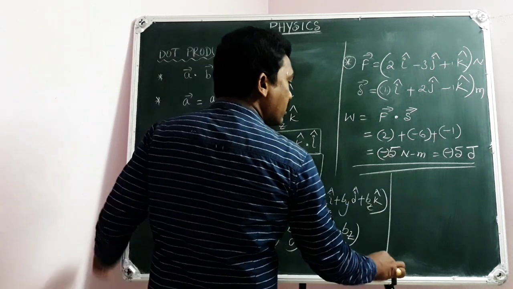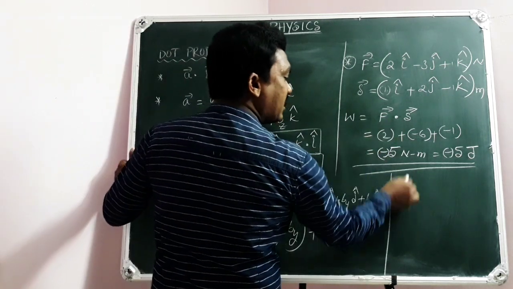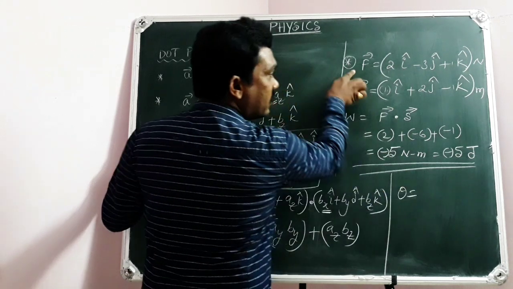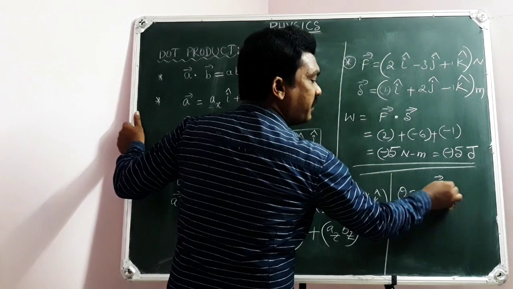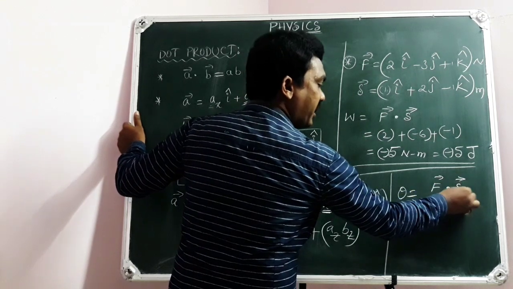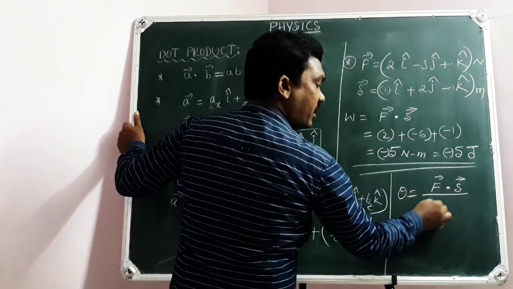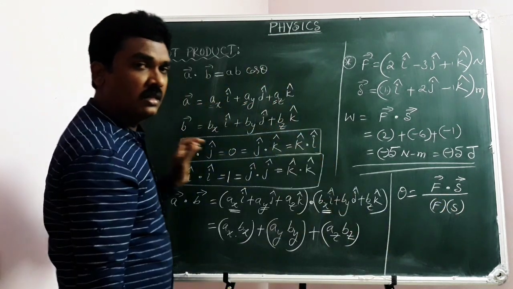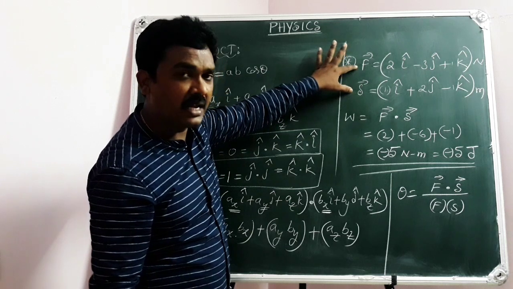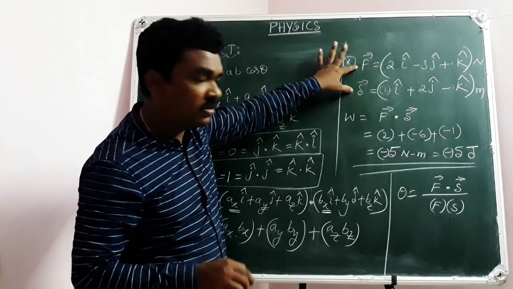Now if you wish, you can calculate the angle between the two vectors. The angle between two vectors can be calculated using the dot product, you know.